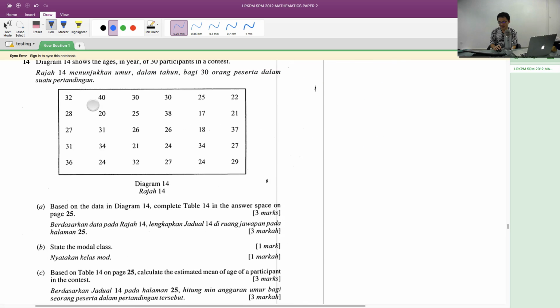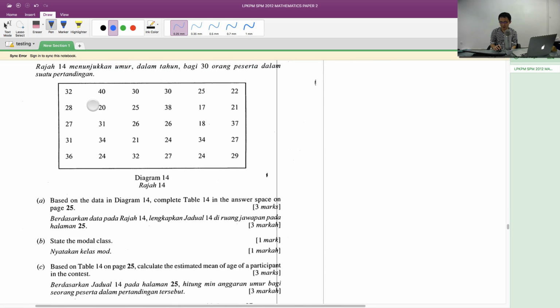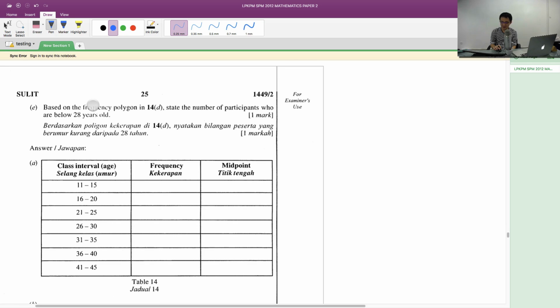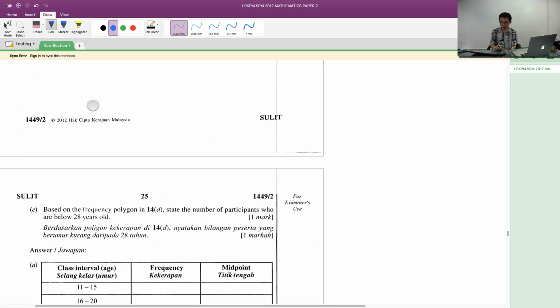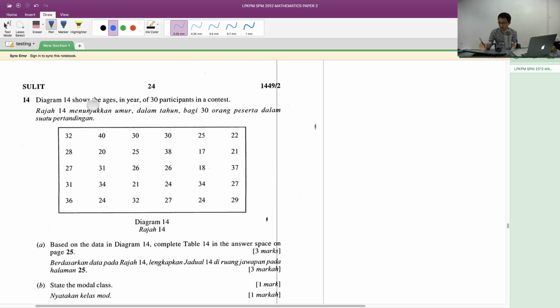Okay, so come back to this one. So I just do it manually. 11 to 15, 16 to 20. Okay. 11 to 15, 16 to 20, 1, 2, 3, 4, 11, 12, 13, 14, 15, 16, 17, 18, 16, 17, 18, 19, 20. Alright, correct.